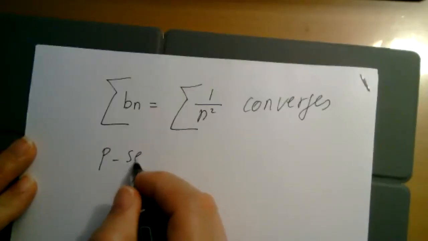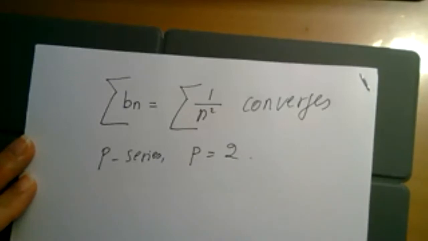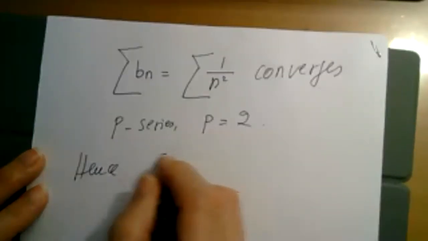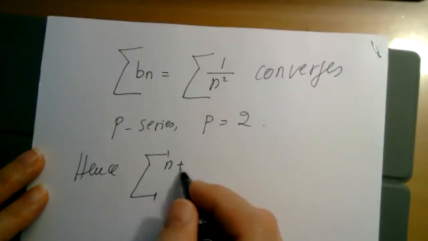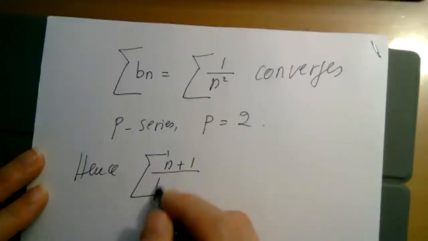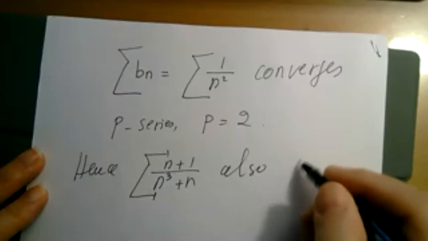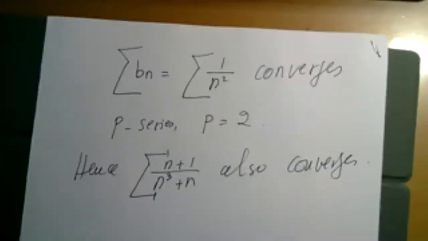We should always give a reason why it converges, where P is equal to 2. Hence my original one, which is n plus 1 over n to the 3 plus n, also converges. And that's the end of the problem.